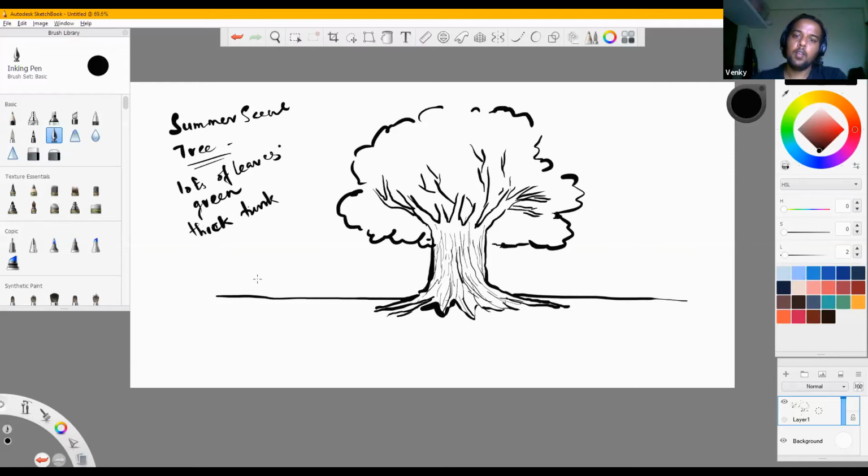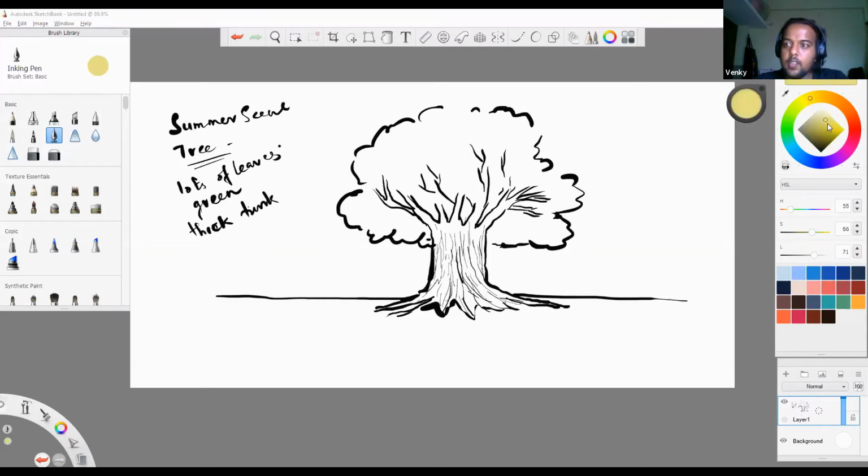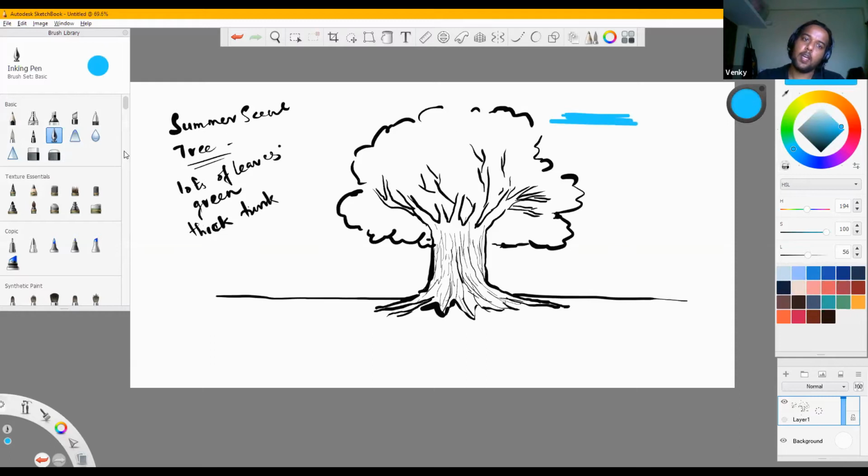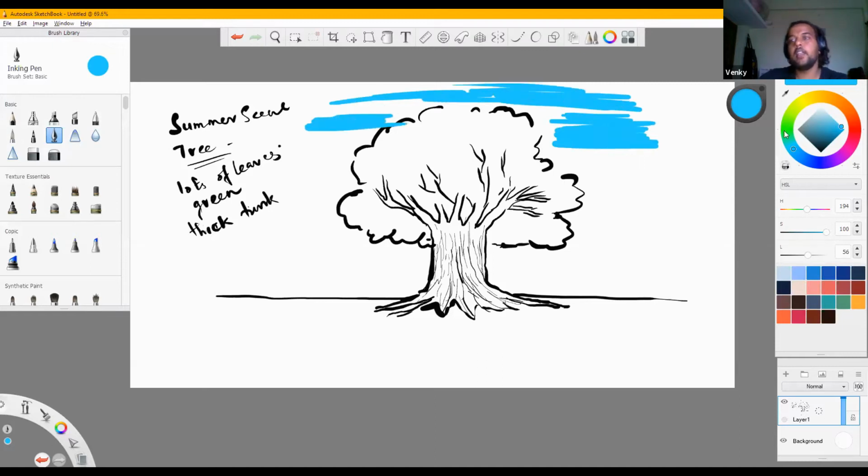That's right. And now when it comes to coloring, so I said I wanted to draw a summer scene. In a summer scene, usually the sky is a brighter blue. So just think of that. I'm not going to draw the whole thing, but I'll say this is the color of the sky. And at that time, usually the leaves are really bright in color.